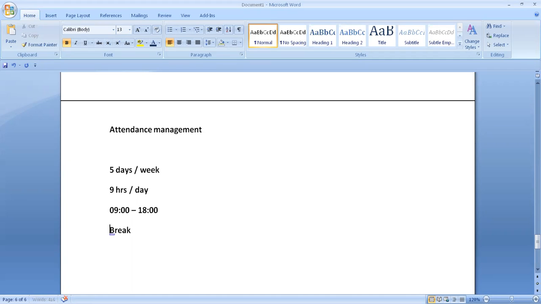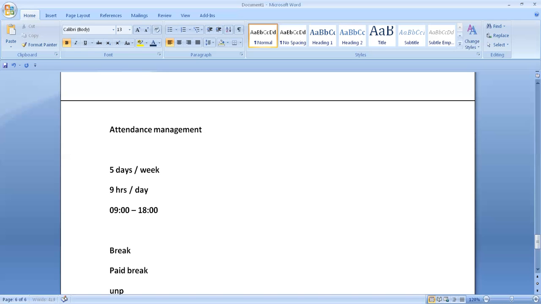When you are talking about a break, a break is nothing but a deviation from the working time for a particular period, usually a day. So this break is of two types: paid break and unpaid break, just like leaves.